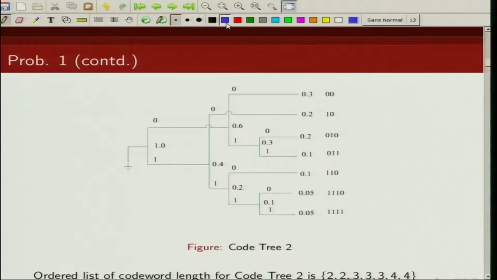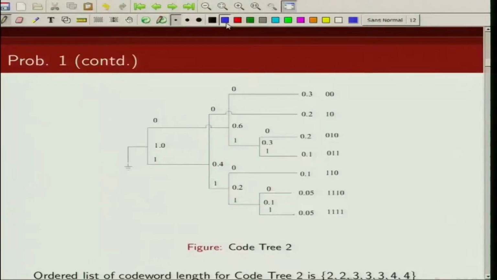Now let us look at another way in which we can construct this optimal binary prefix free code. Same example. The 2 smallest probabilities are 0.05 and 0.05. So we can combine these 2 and create a new node which has probability 0.05 plus 0.05, that's 0.1.